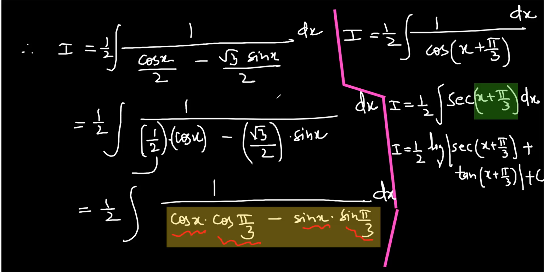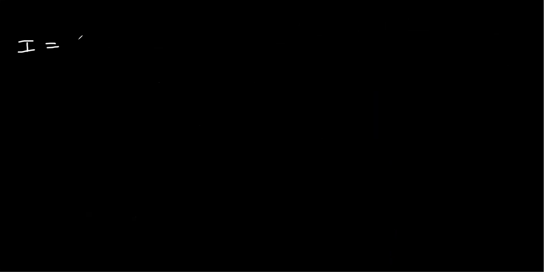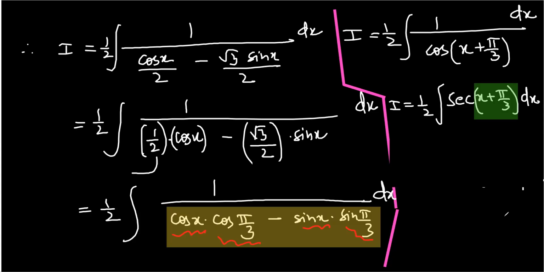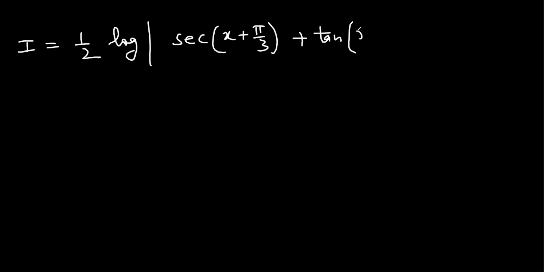Okay, I'll do one thing. I will write the answer properly so that there is no confusion, on the next page. So the final answer is I equals 1 upon 2 log of mod of sec of x plus pi by 3 plus tan of x plus pi by 3, plus c.